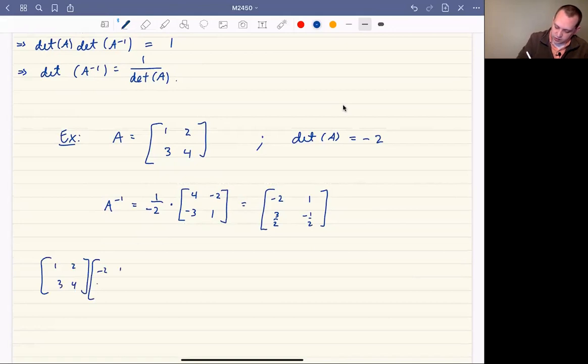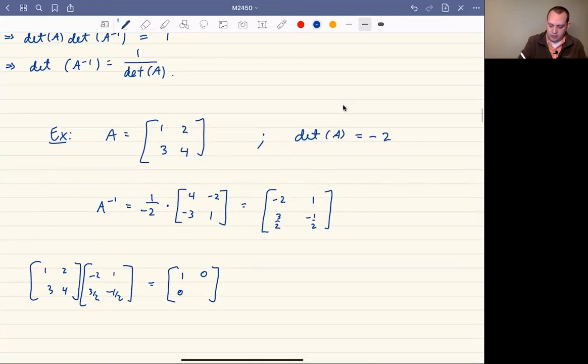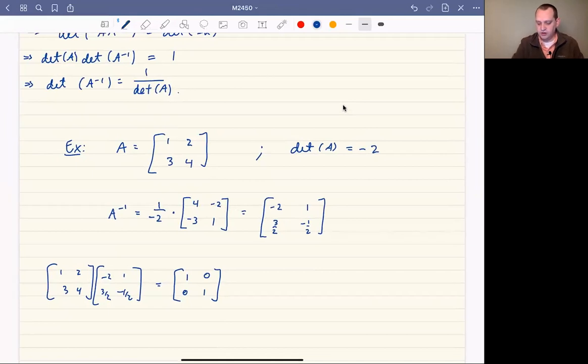It's easy to tell that the off-diagonal elements are 0, because we get 1 plus 2 times -1/2, so 1 minus 1, and likewise -6 plus 6. For the diagonal elements, we end up with -2 plus 3 and 3 minus 2. So we really do end up with the identity. So here's our inverse.